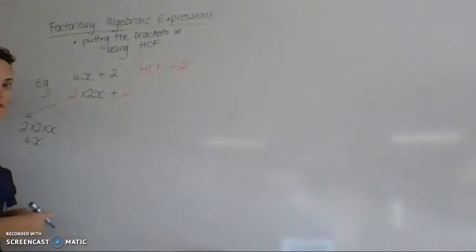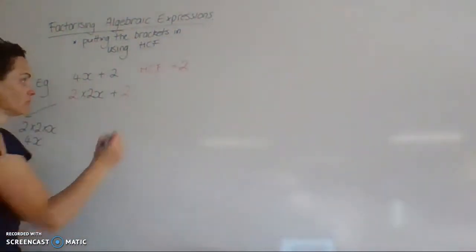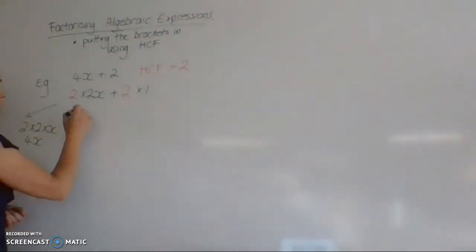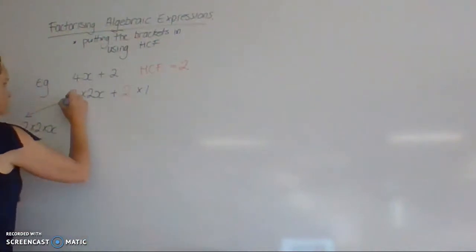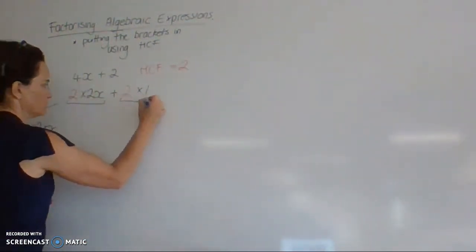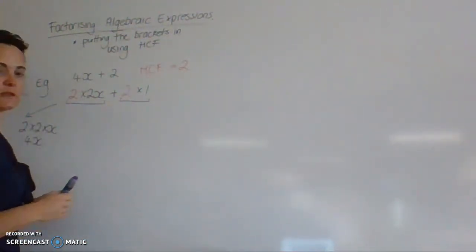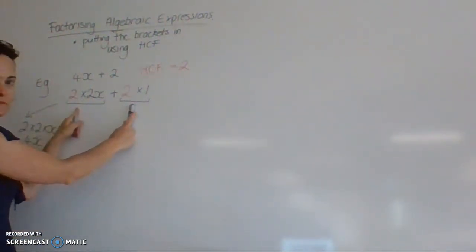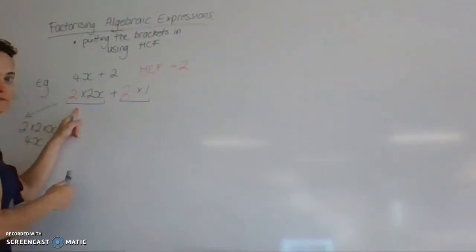What do I have to multiply 2 by to get 2? That is 1, and you must write that. So then we are left with our 2 terms. You must have 2 terms in, I guess you call this the expanded form using your HCF.